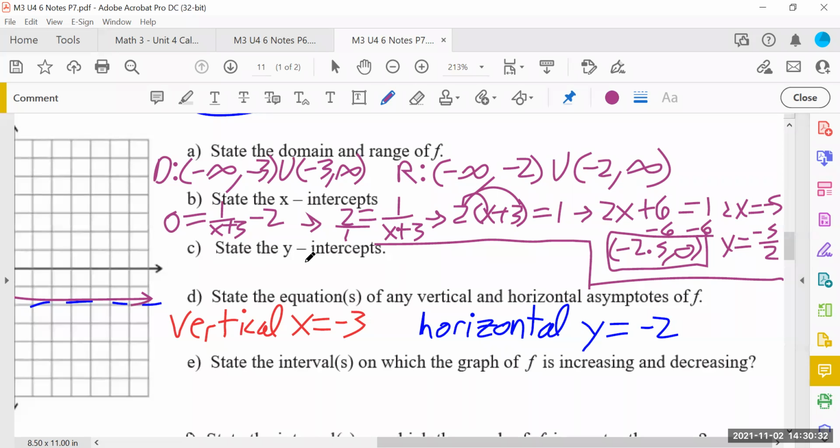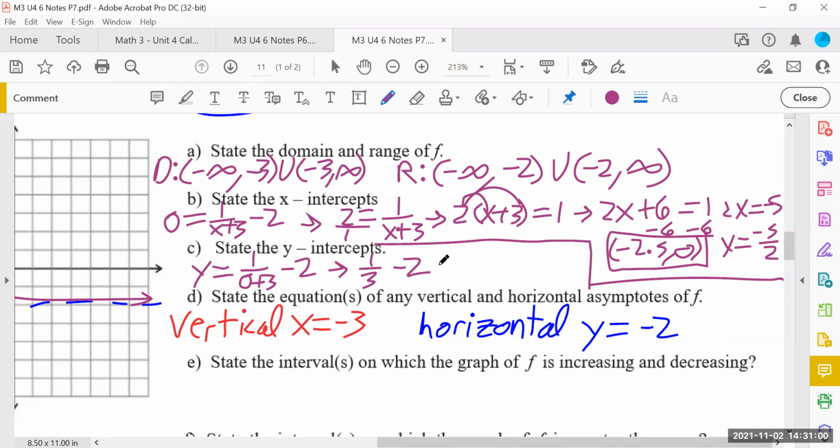Okay. We're not done though. State the y-intercepts. This is easier. We're just plugging in 0 for x. So y equals 1/0 plus 3 minus 2. 0 plus 3 is just 3, so 1/3 minus 2. You can do this on a calculator. You can do 1 divided by 3, get a decimal, subtract 2, that's fine.